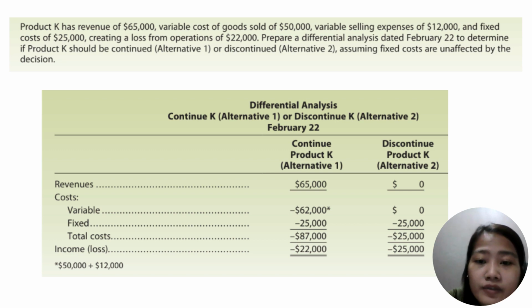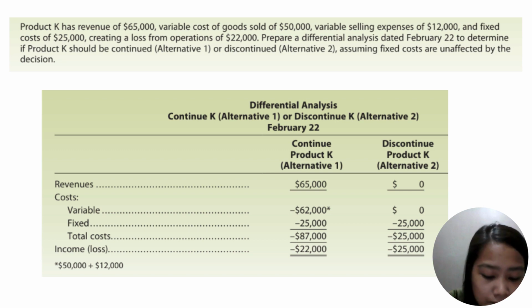However, in alternative 2, we don't have a revenue since we will be discontinuing the product and no variable cost. So we only have a fixed cost for alternative 2 or when we discontinue the product K. So when we compare a loss of $25,000 versus a loss of $22,000.